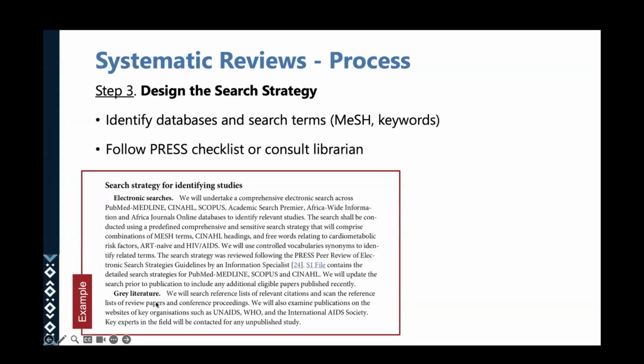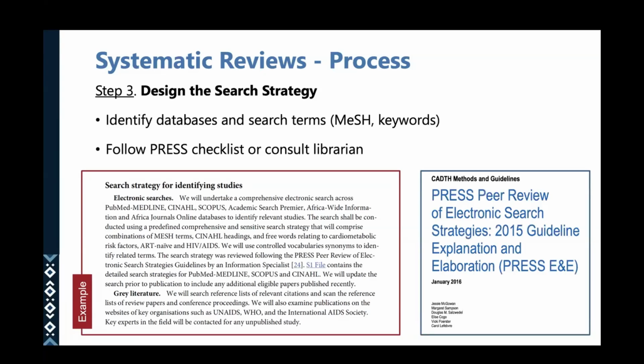And for gray literature, we tried to supplement all the material we have in the electronic search by also looking at some key websites: the websites of the United Nations, UNAIDS, WHO, and the International AIDS Society, to make sure we are not missing some papers. You can even go as far as contacting some key experts in the field if they have some data that has not been published.